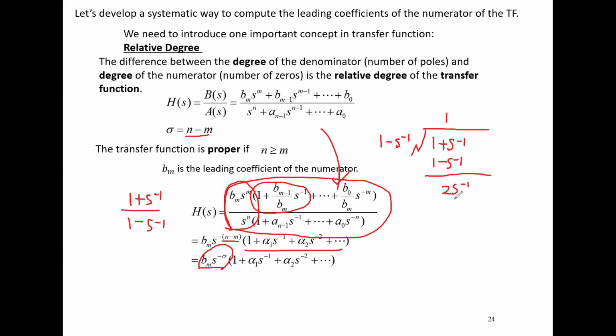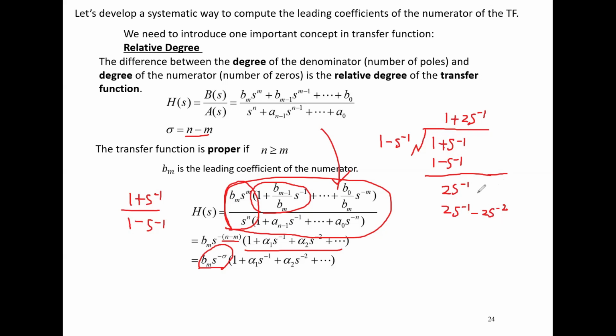Then I have to match the 2s to the minus 1 here. So what should I add here? It should be 2s to the minus 1, such that this becomes 2s to the minus 1 times minus 2s to the minus 2.